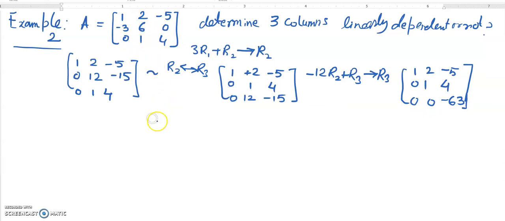So the answer is these three columns are linearly independent.